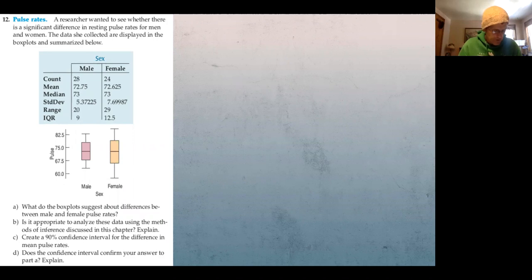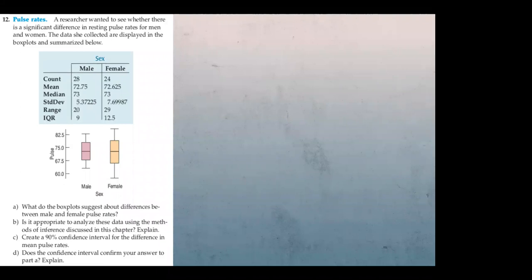Okay. Is it appropriate to analyze these data using the methods of inference discussed in this chapter? Explain. Yes, because it meets pretty much all the conditions.